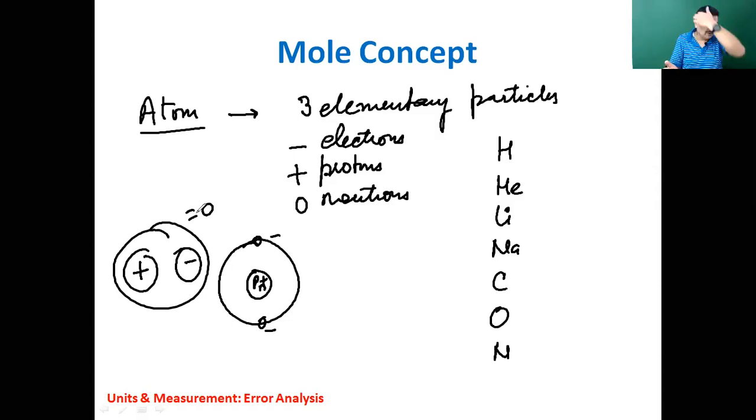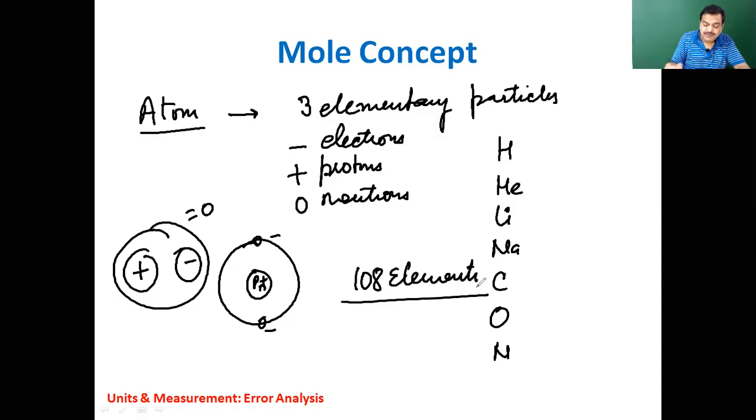Okay, beta. Now, how do we differentiate hydrogen, helium, lithium, sodium, carbon, oxygen, nitrogen, and the 108 elements known to us in the periodic table? Okay. Now, in hydrogen, one more thing is there. The mass of an electron is approximately 1/1836 of the mass of a proton or neutron.